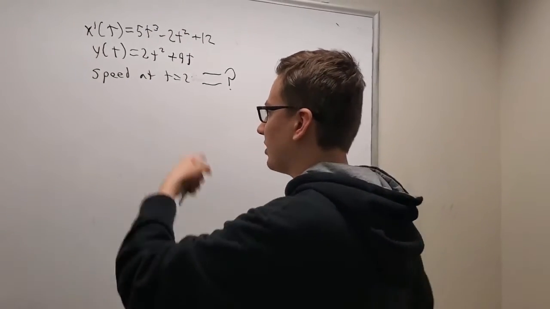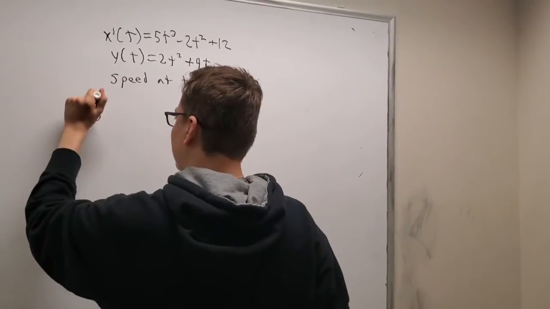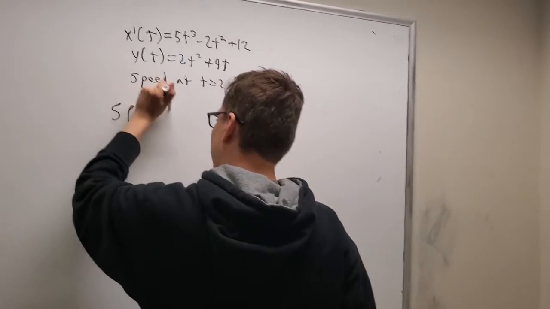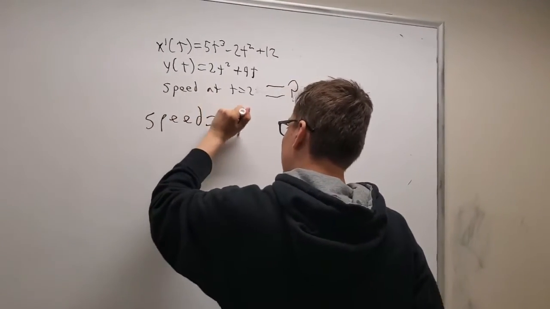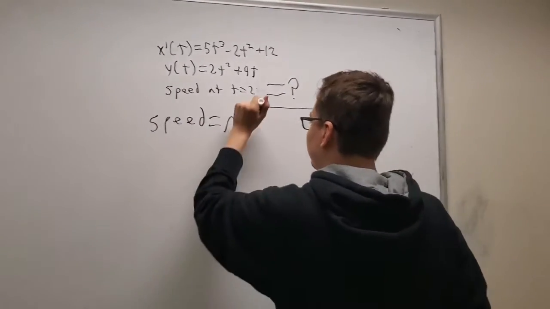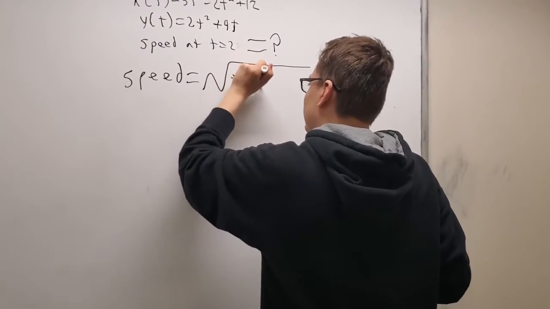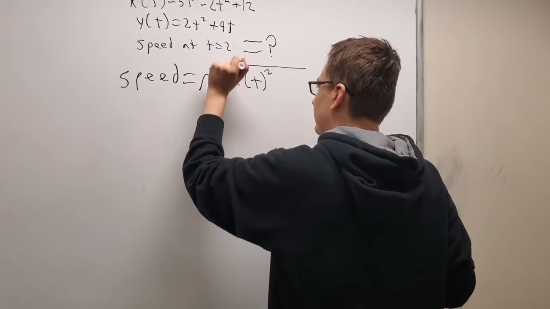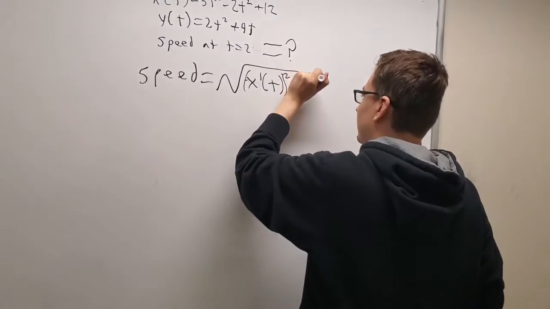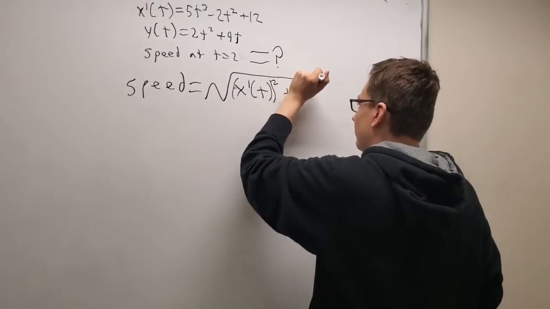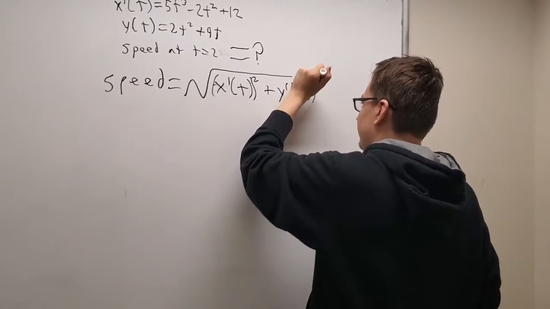We're trying to find the speed. So the speed equation would be the square root of the derivative of x of t squared plus the derivative of y of t squared.